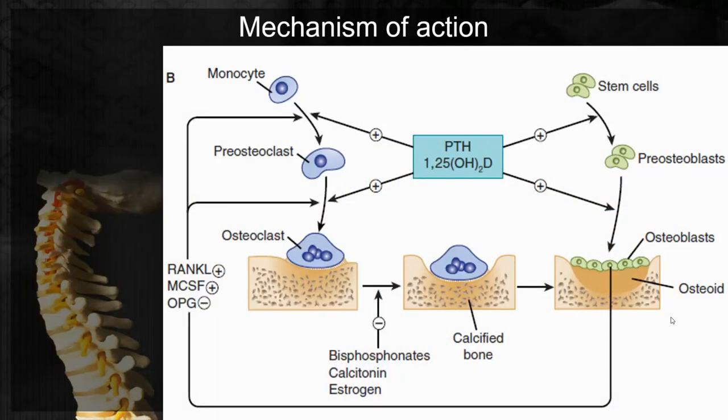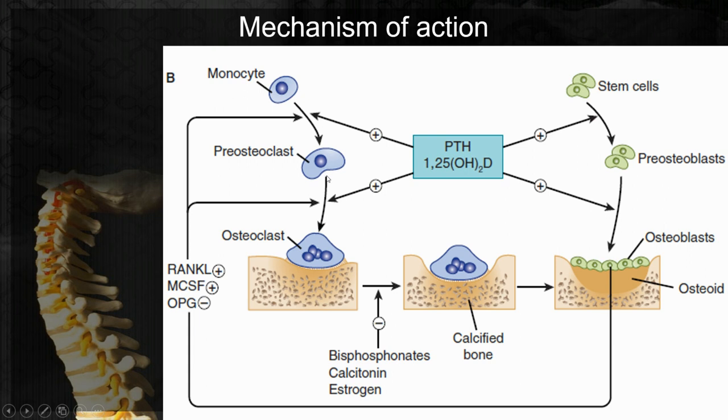Before going into the mechanism of action of bisphosphonates, let us first talk about physiology. What I mean by that is monocytes usually act as precursors for osteoclasts, whereas the stem cells act as precursors for osteoblasts. Monocytes, on proper stimulus from parathormone and vitamin D, get differentiated into pro-osteoclasts.